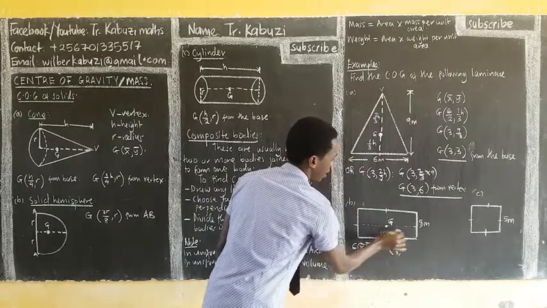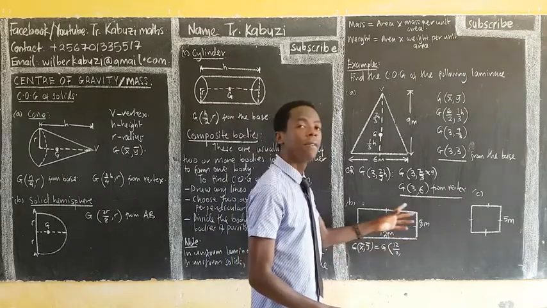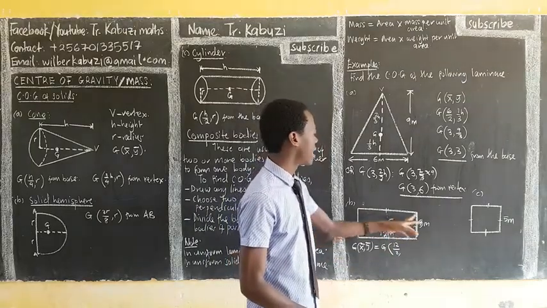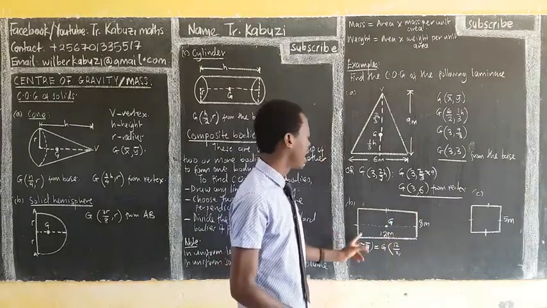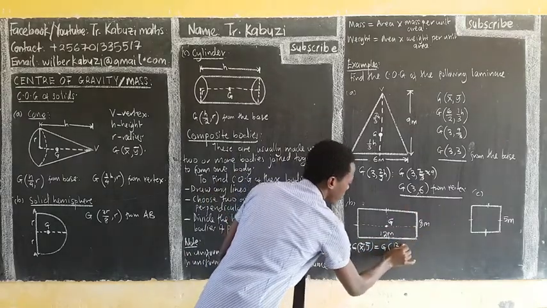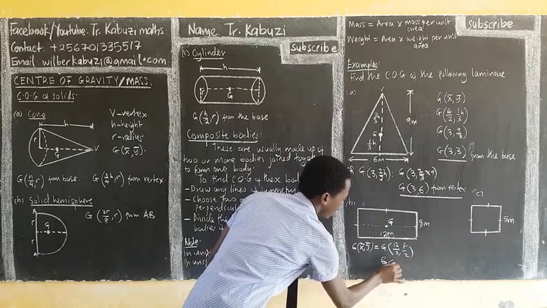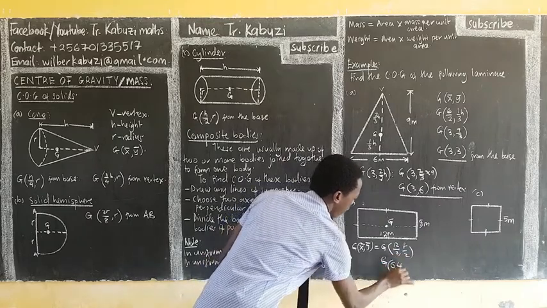Also from here to here, half of it, because these ones we are now adding for the lamina. There is no mass attached to here. We're just using the length and the width. So this one, then from here to here, it's going to be 8 over 2. So my answer is going to be 6, 4 with ease.